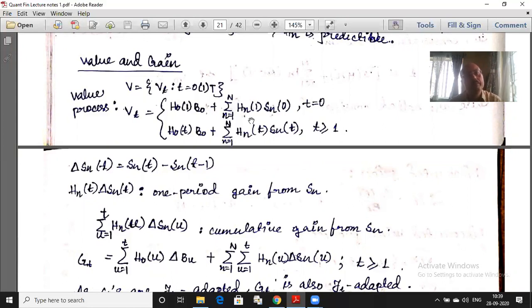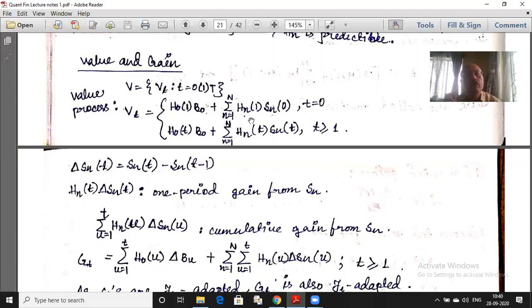Subsequently, for all other time points, I am being consistent. For time t, I am using H^0_t and H^n_t. This is the convention that whatever decisions I take about my trading strategy have to be taken before the time period. So H_t, the whole vector H at time t, must be decided before time t. It will be based only on information available up to time t-1, at the end of time t-1.